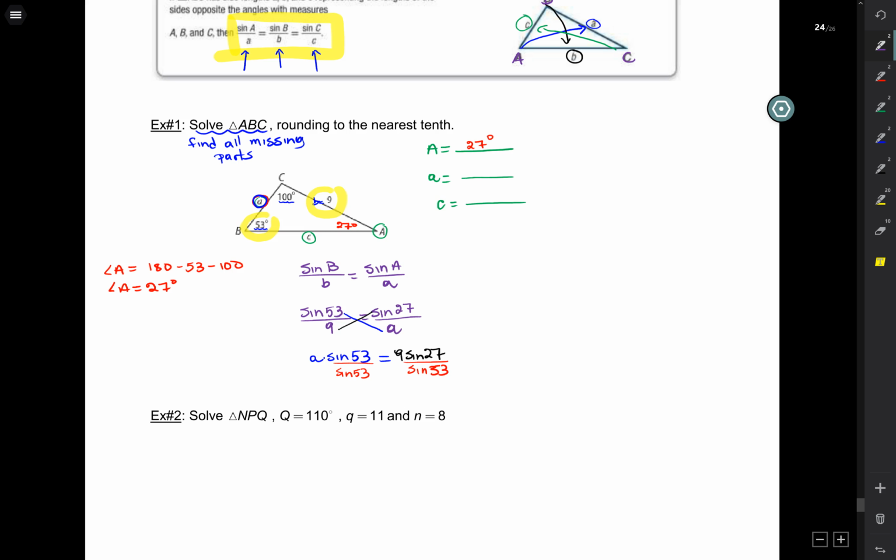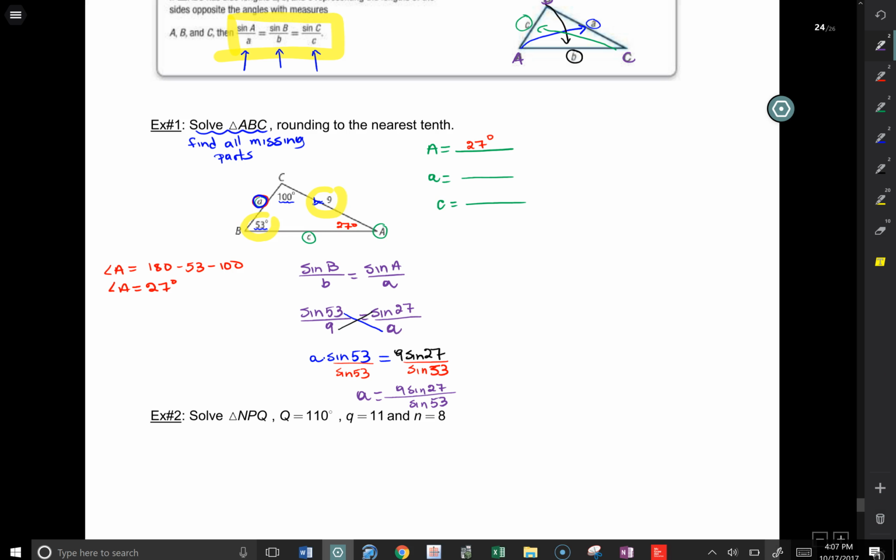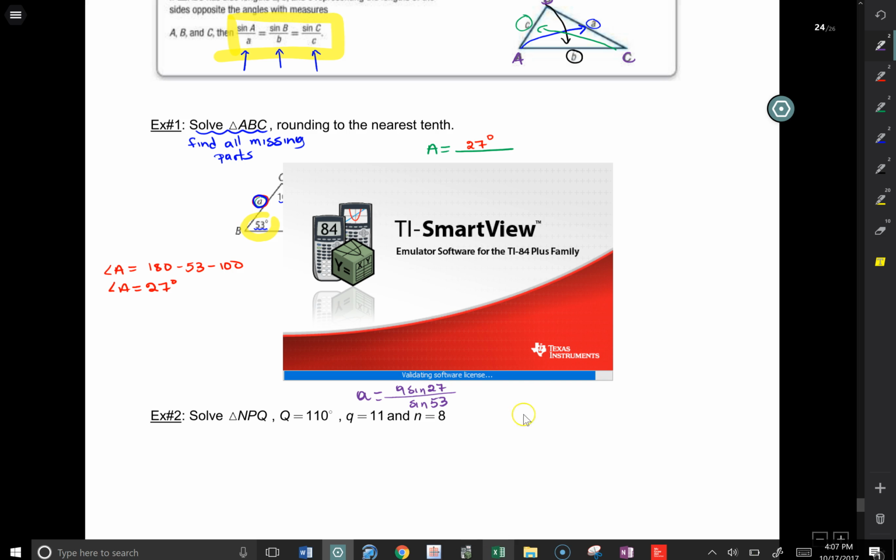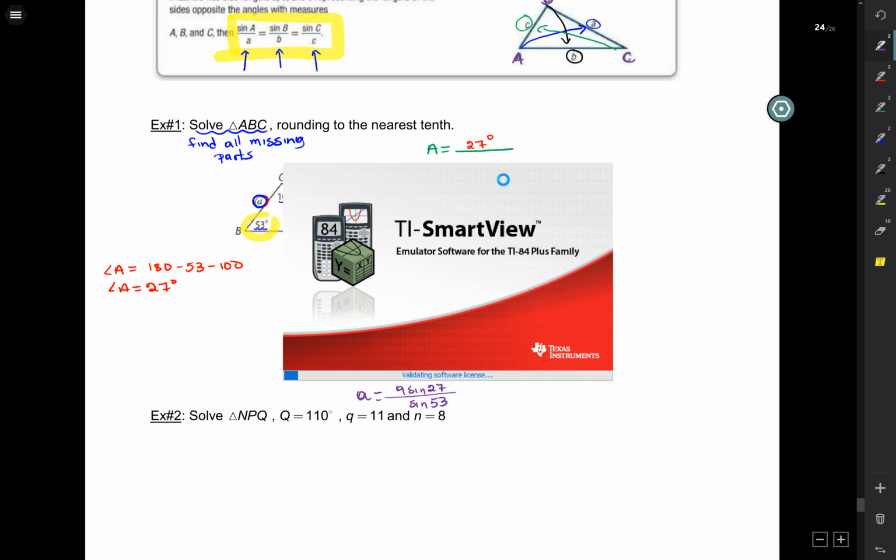So I get that a is equal to 9 sine 27 over sine 53. Now, what I'm going to do at this point is plug it into my calculator. Okay, and I'll show you this first one, and then we can go on from there.